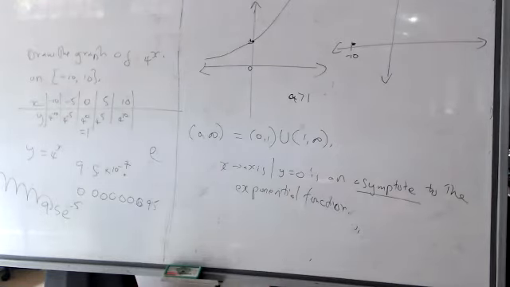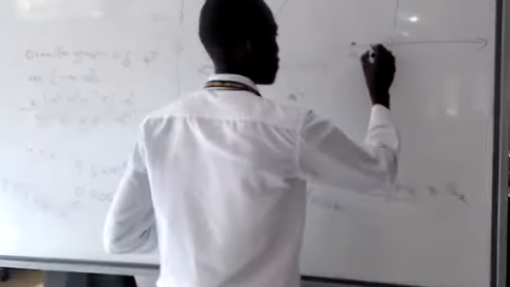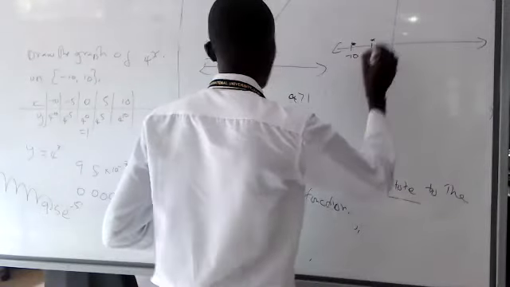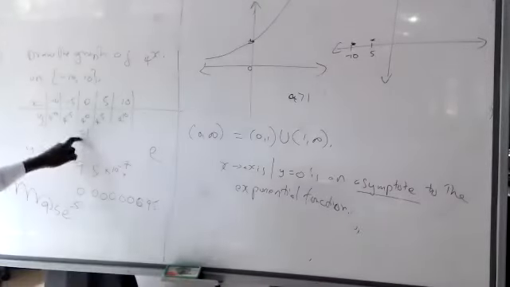Any questions? How about 4 to the negative 5? 9.8 times 10 raised to power negative 7. Same thing, so again a very close number. Negative 5, very small number. At 0, we know 4 raised to 0 is 1.